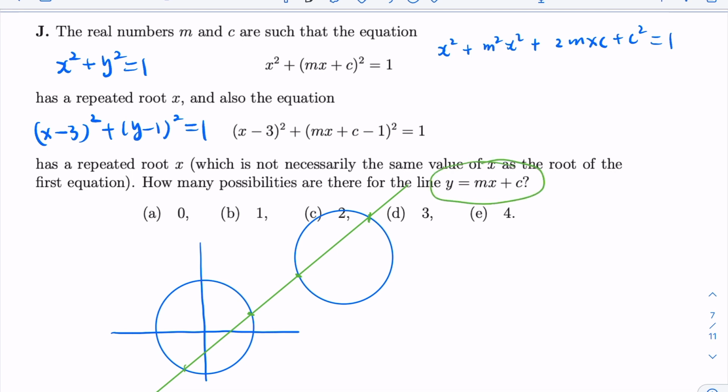You plug this into the equation of both, and you're going to find it. So usually there are two solutions, because this is just a plug-in, right? Plug in y here. But we're saying that they only have a repeated root, one solution. Of course, you know that could happen only if the line is tangent, right?